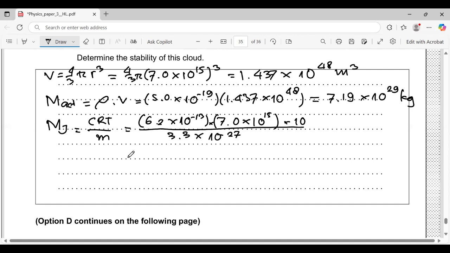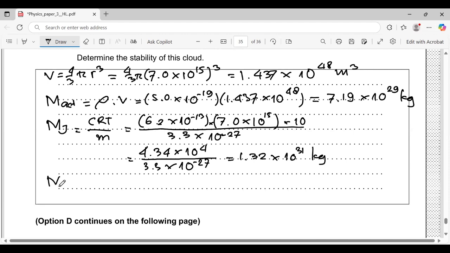And if you calculate, the result is 4.34 times 10 to the power 4 divided by 3.3 times 10 to the power minus 27. And the result is 1.32 times 10 to the power 31 kg.